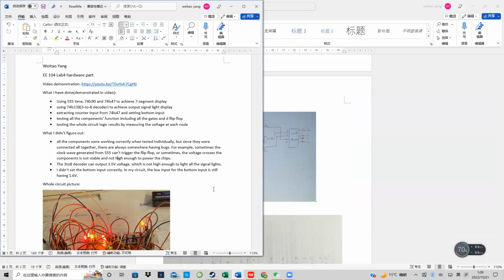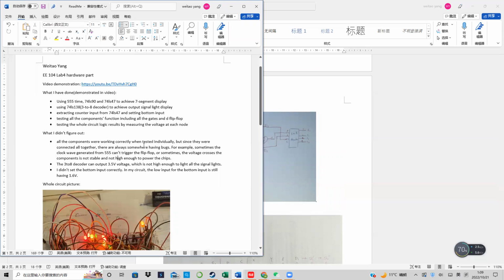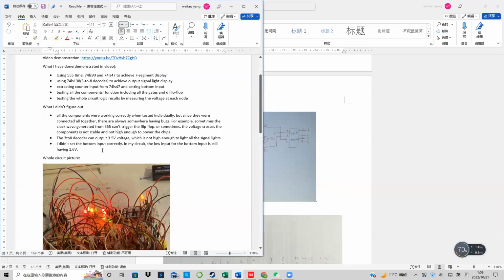That means when I tested, the D input over here is high, but Q2 is still low, because the 555 doesn't work. And sometimes the voltage across the components is not high enough. It's a problem I cannot figure out, even when I changed some chips and components.